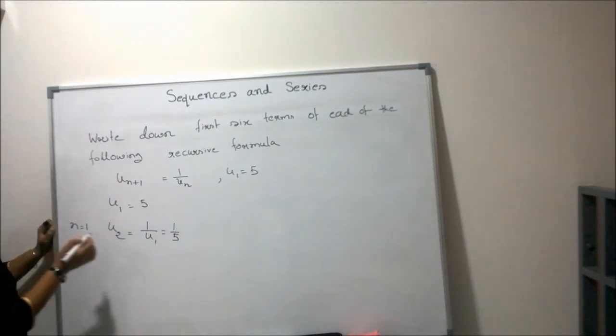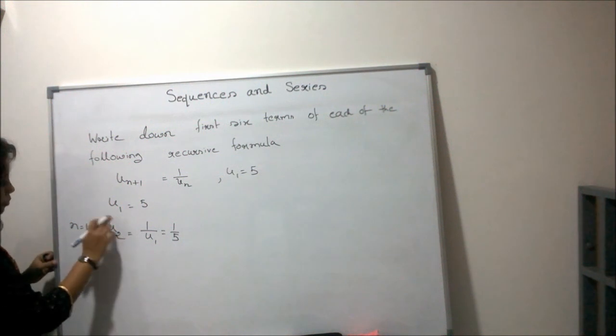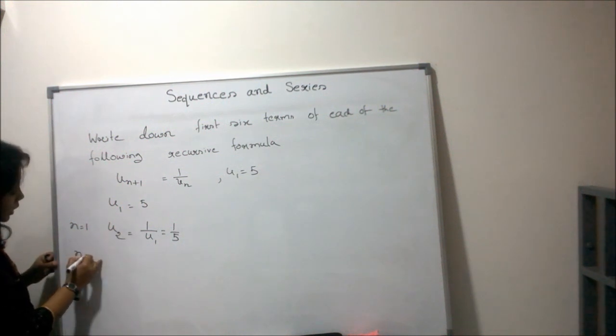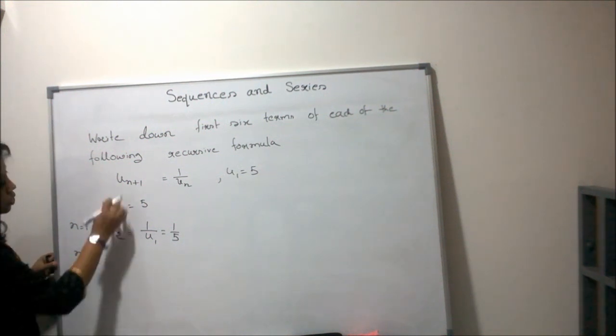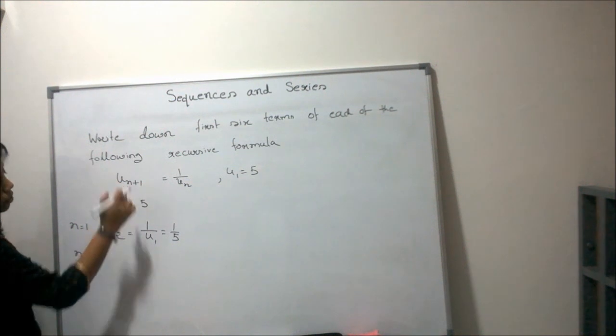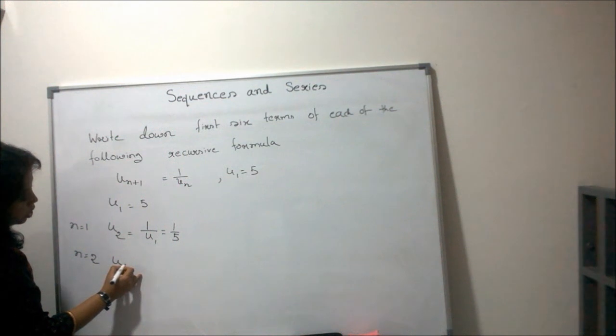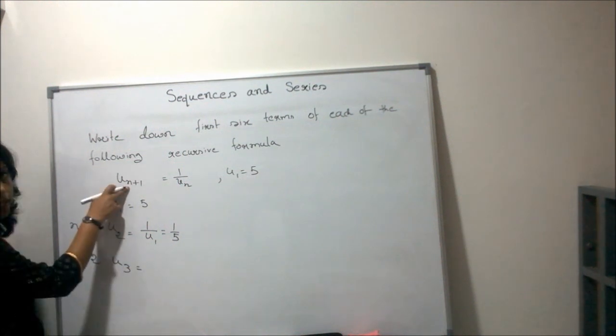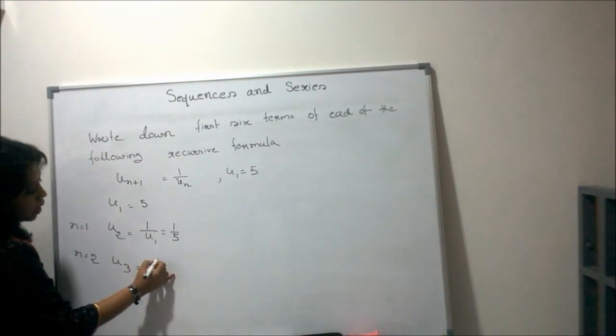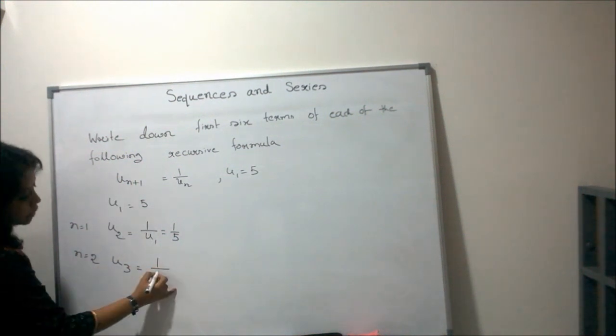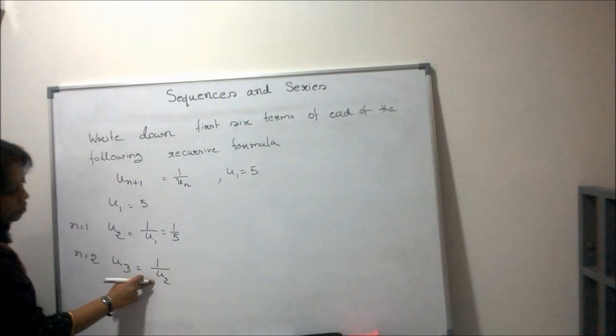For the next one, n is equal to 2. Putting n is equal to 2, this is u3, and it is 1 by u2.